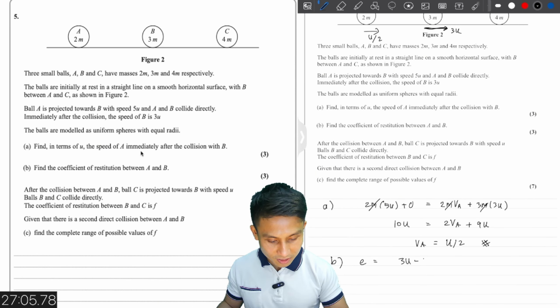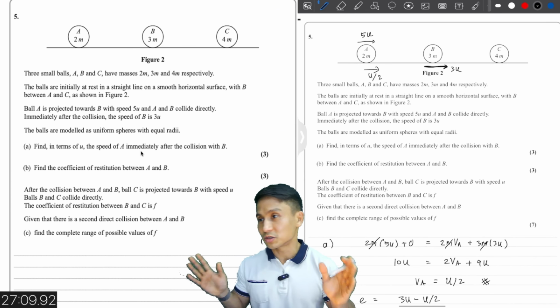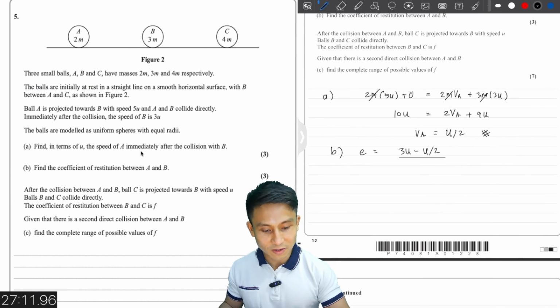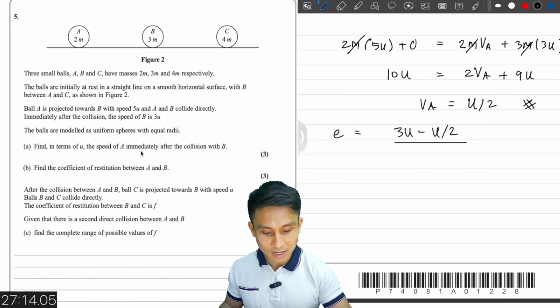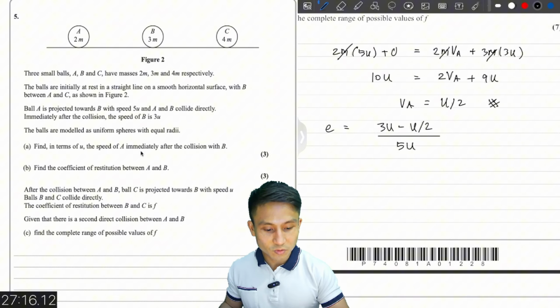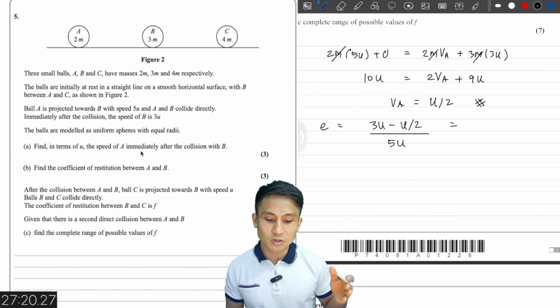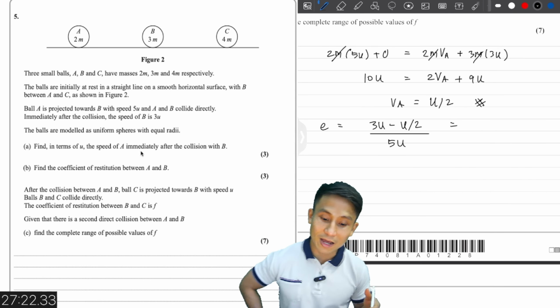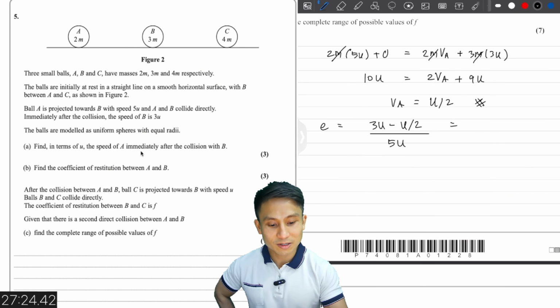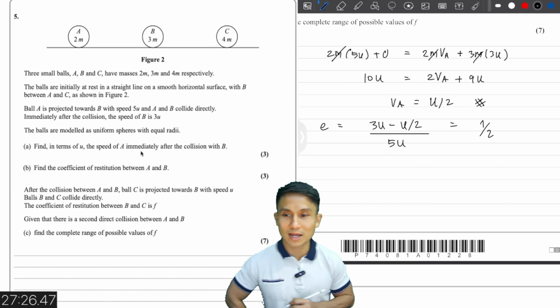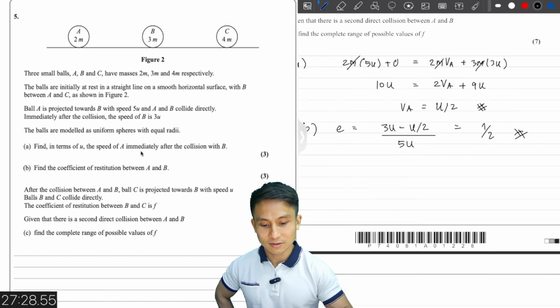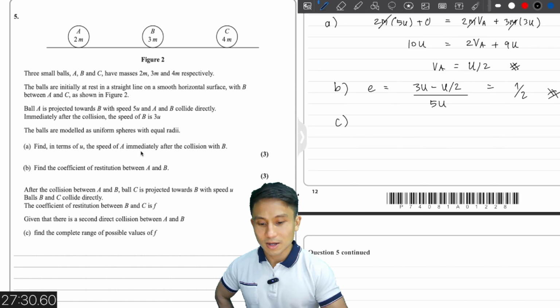So 3u minus u over 2 divided by, and the approach is just 5u because B doesn't move at first, so it's just 5u there, guys. And of course u cancels, so we get 3 minus 1 over 2, which is 5 over 2. 5 over 2 divided by 5, that's 1 over 2 exactly. So that's it. Nice.